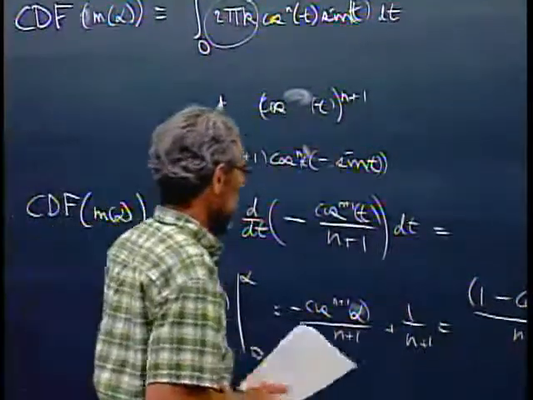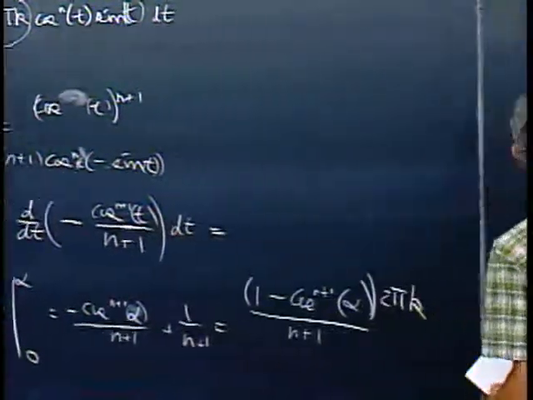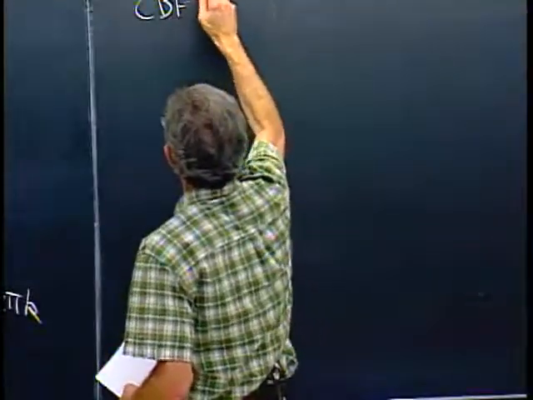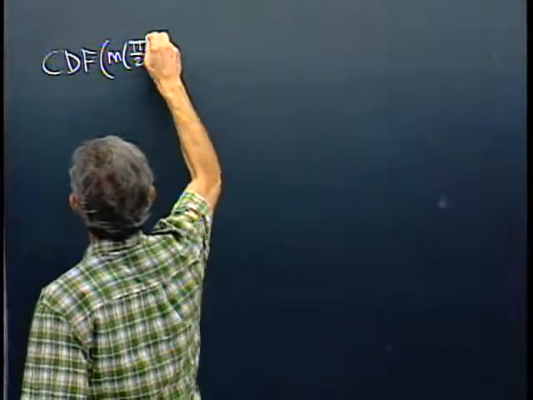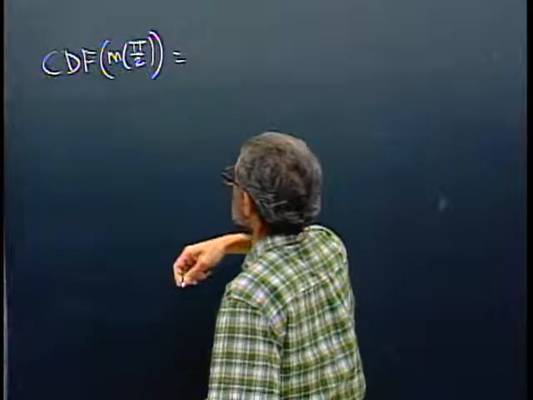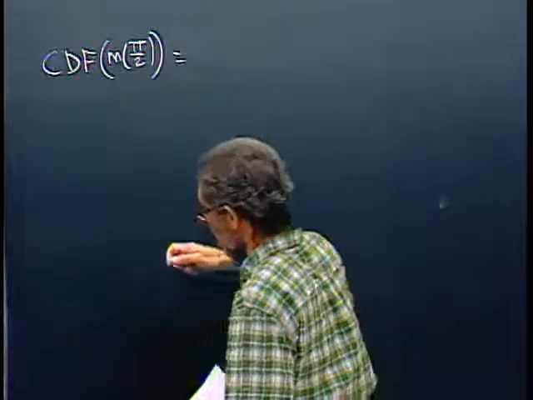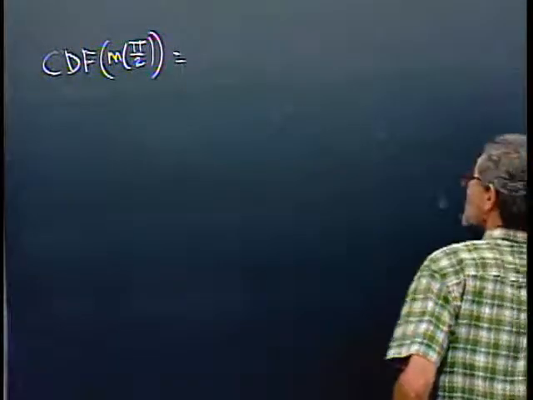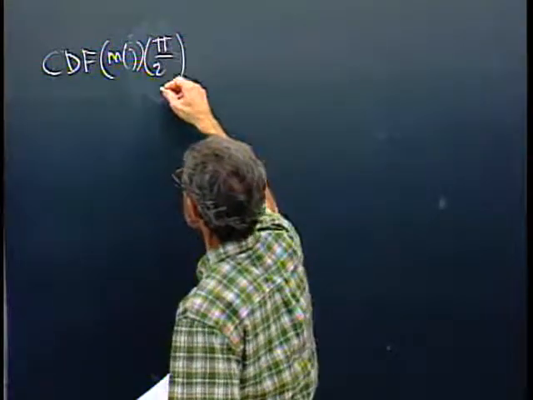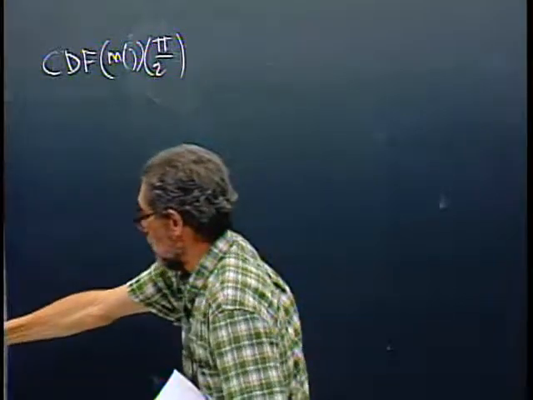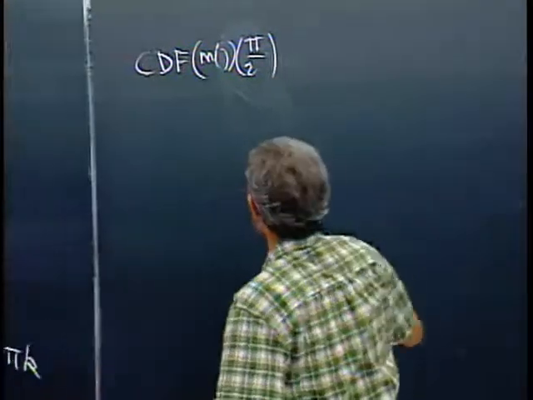And so when you integrate up to 90 degrees, the CDF, let's write it as m of pi halves. It's not m of pi halves, it's m, the cumulative distribution function, evaluated at pi halves. Right? You just have to put pi halves in for that. Cosine of 90 degrees is 0.